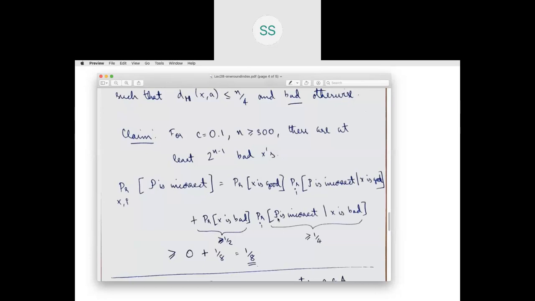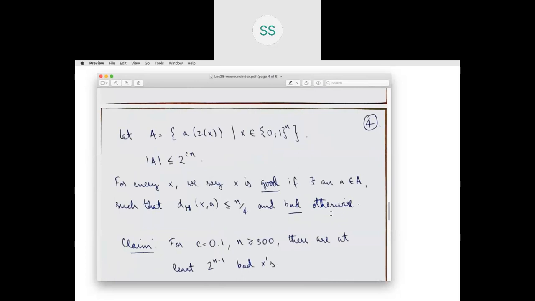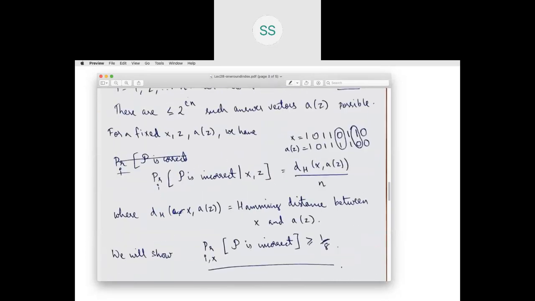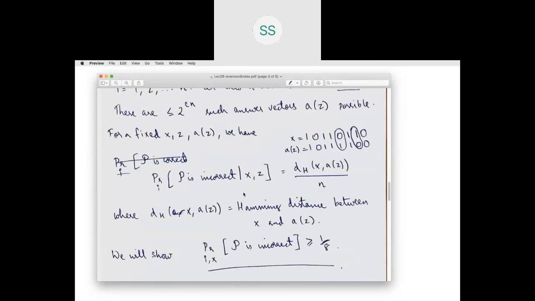And given x is bad, what is the probability that P is incorrect? Remember, what is the definition of x is bad? If x is bad, it is at a distance of at least n/4 away from all the answer vectors. And what is the probability that P is incorrect?